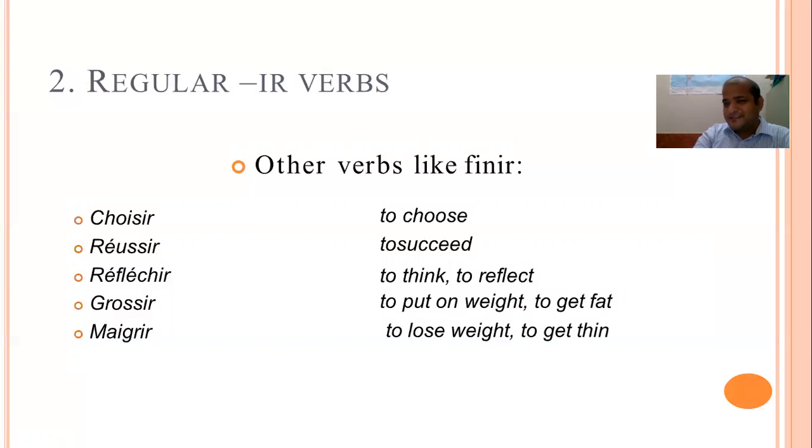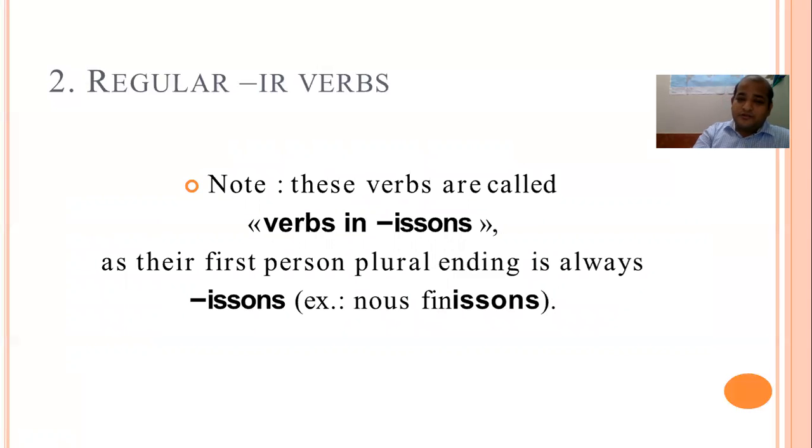Now we'll move to the next category of IR ending verbs, which will be irregular ones. So note, these verbs are called verbs in issant, like finissant. As the first person plural, the ending is always issant.